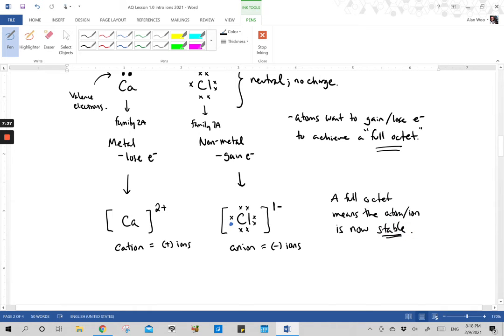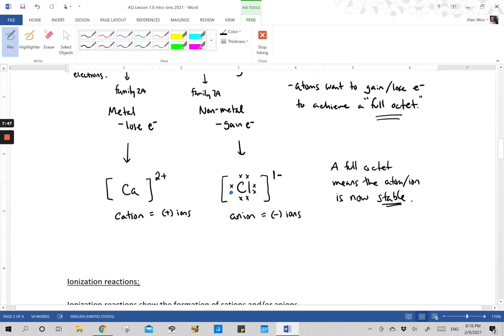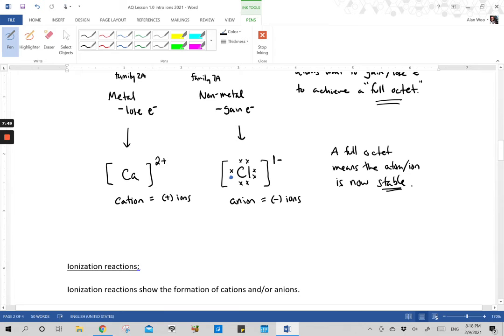Okay. Think about your noble gases. Most people recognize that noble gases are stable. They don't react with anything. And the reason why they don't react with anything is because they have a full set of electrons in their outermost shell. So what is actually happening here is that when we have Ca atoms becoming Ca2+ ions, this is the more stable version.